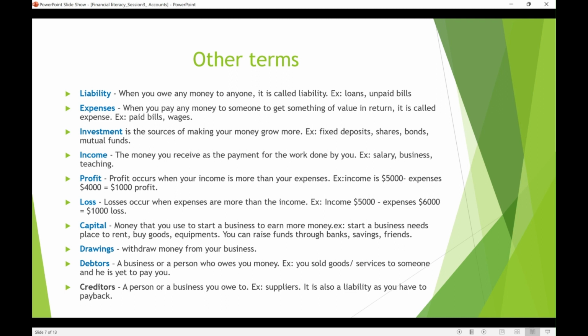Now other terms, which we'll go through quickly. A liability is money owed to anyone, such as a loan or unpaid bills. Expenses are the costs they incur, like paid utility bills or wages and salary that have been paid. There's a thin line between liability and expenses.